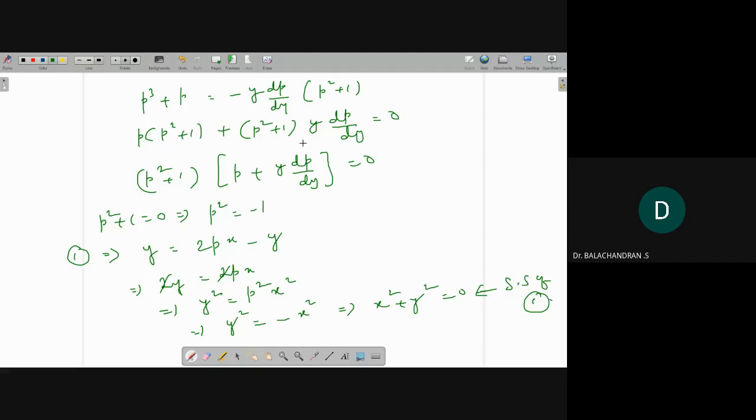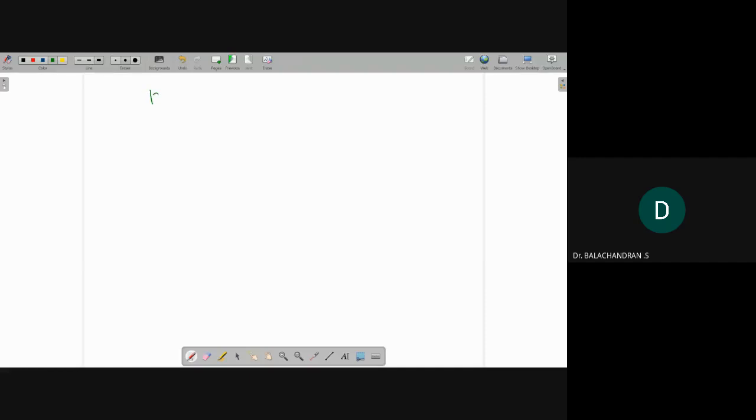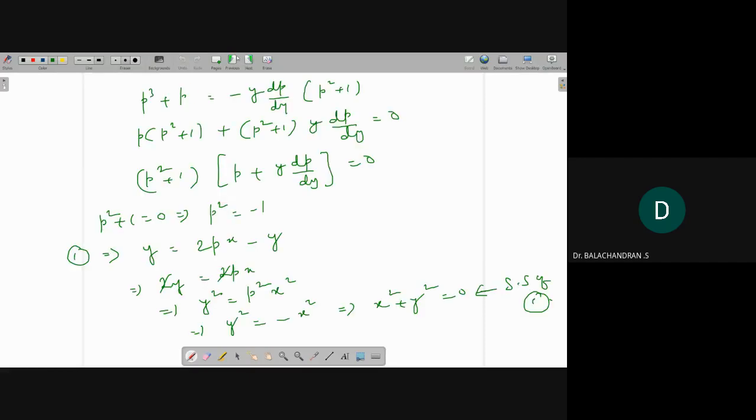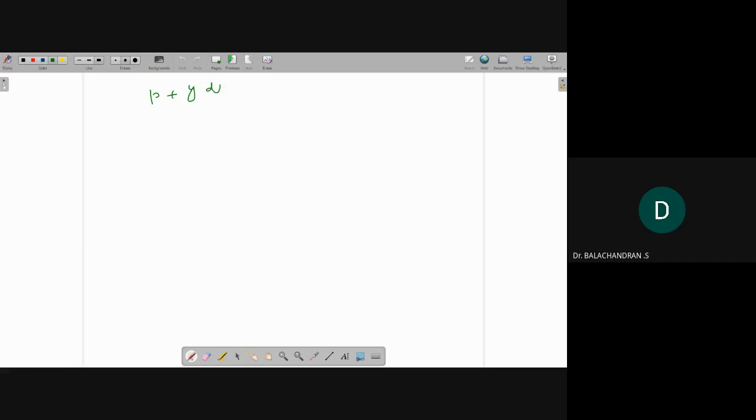Now we need to find the general solution from this. p plus y into dp by dy equal to 0. Now, okay, you simplify: y into dp by dy equal to minus p. Okay, dp by p equal to minus dy by y.